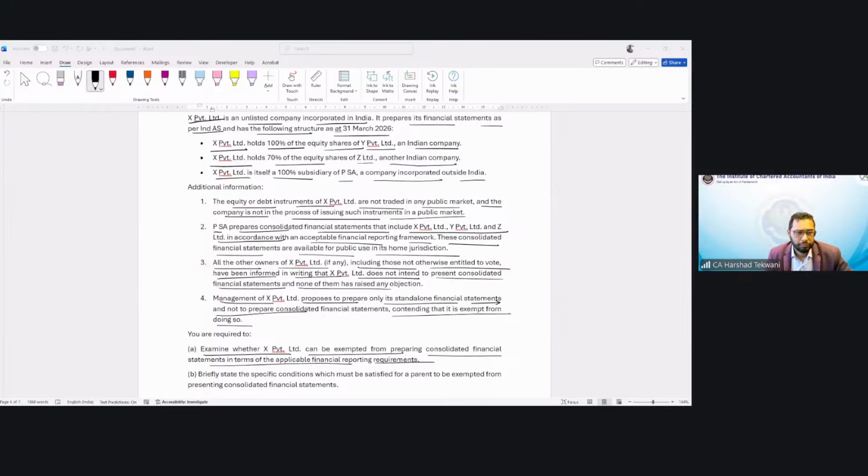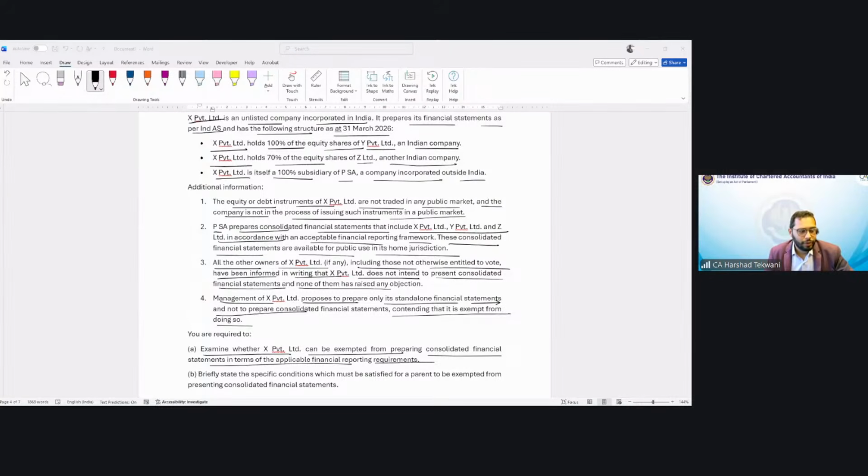Yeah. Okay. So let me discuss the answer with you. Now see, under Companies Act, there are exemptions given with respect to the companies who are not required to prepare CFS.